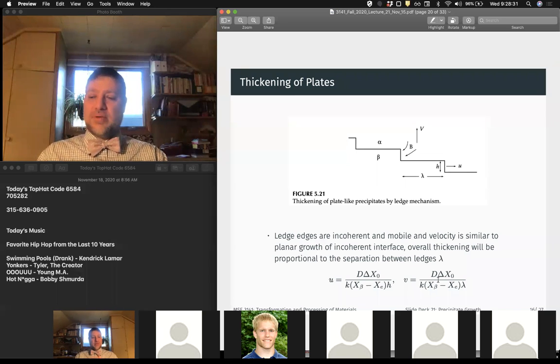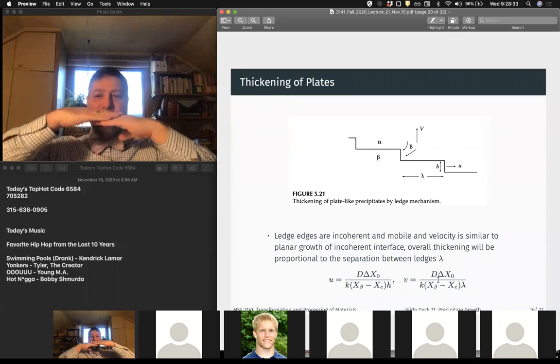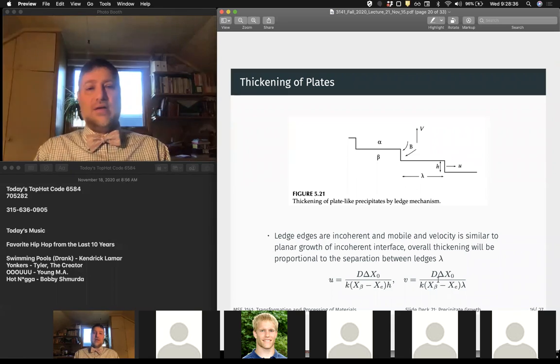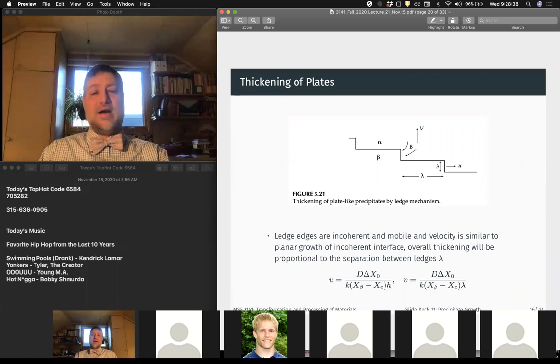So that means these plates are going to thicken basically by ledge growth, right? And this region here, this is coherent. This little step then is incoherent, right? Because this edge is incoherent, it can move quickly.